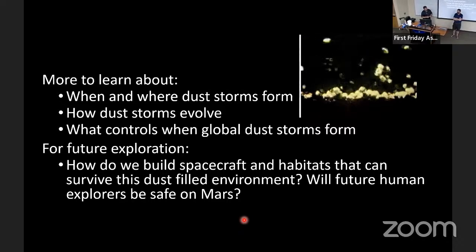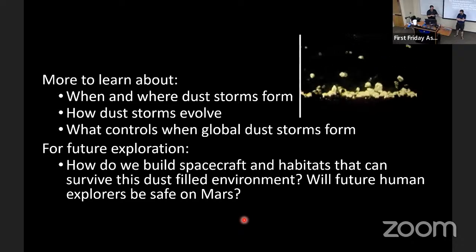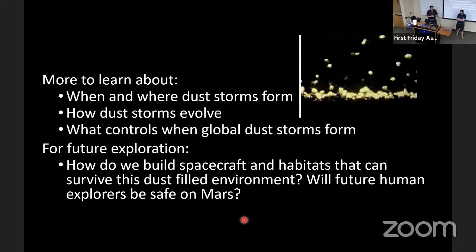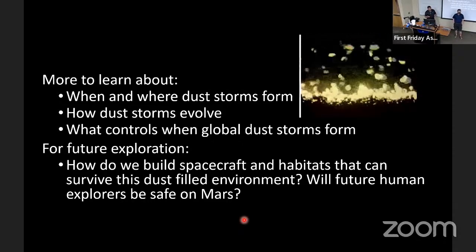Rotation has strong control on the strength of storms, so the storms end up being very similar in wind speed strength. The difference is the atmosphere is thinner, so the amount of momentum that gets moved around is a lot less. It pushes against you less, but the wind speeds are comparable.